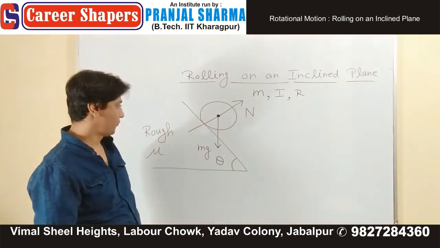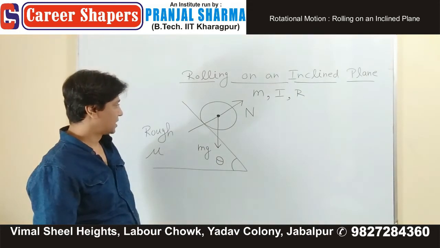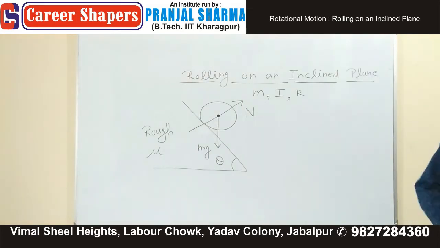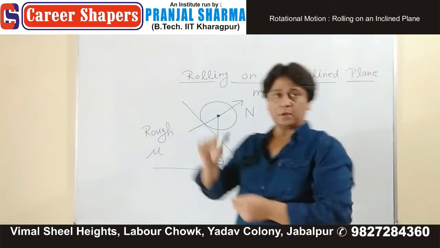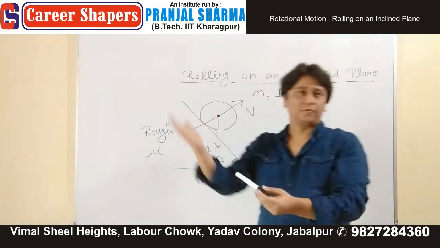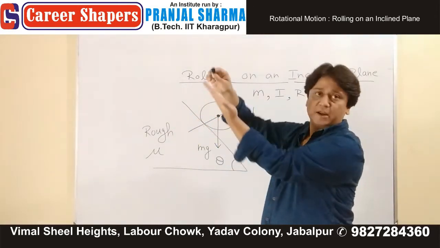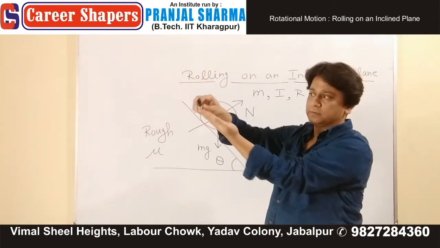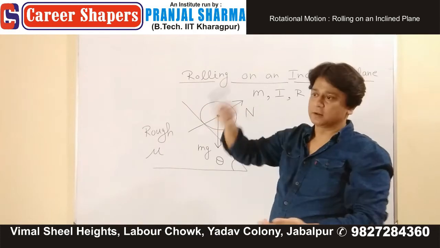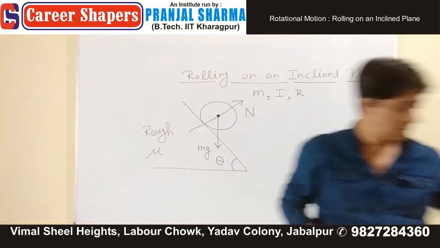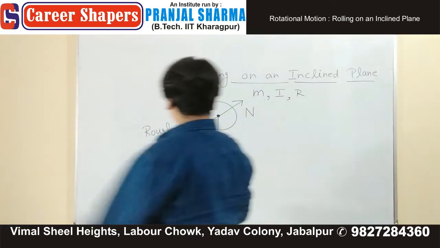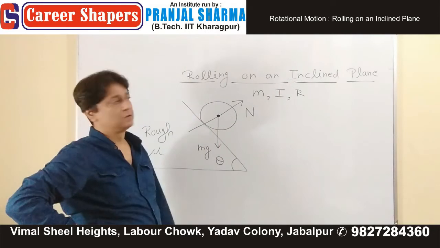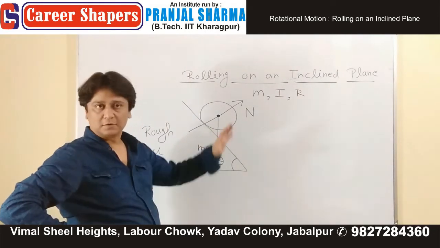Now, as it rolls down, look at this marker. If I release a marker on a rough inclined plane, as it rolls down, to start this rotational motion, you need to have some torque.